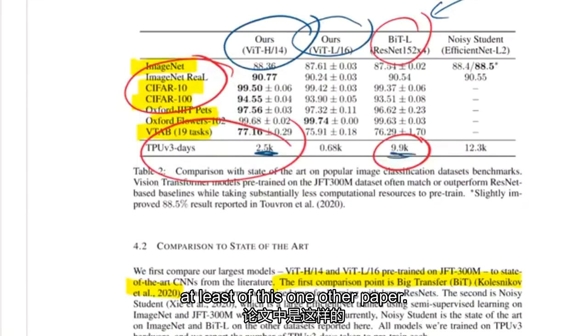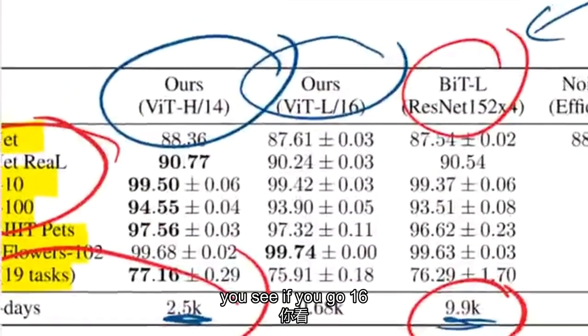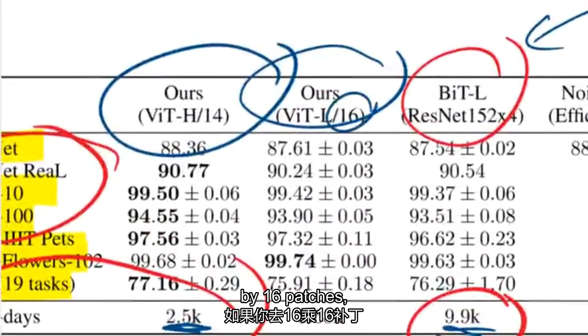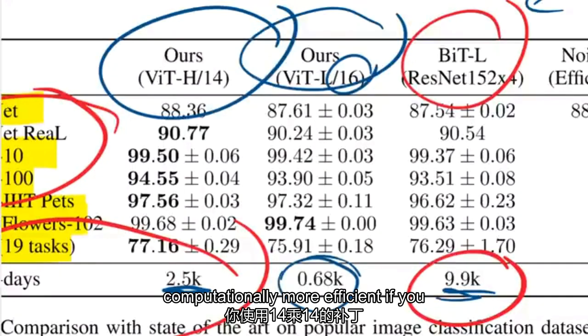So it costs less to train. Here you see, of course, if you go 16 by 16 patches, that means if you divide your image into patches that are themselves bigger, your sequence of patches will become smaller and therefore you're computationally more efficient.